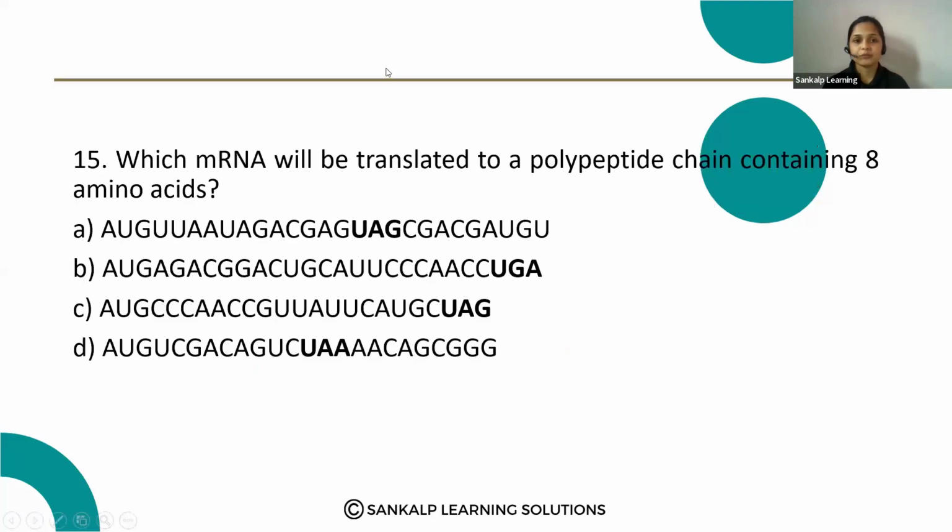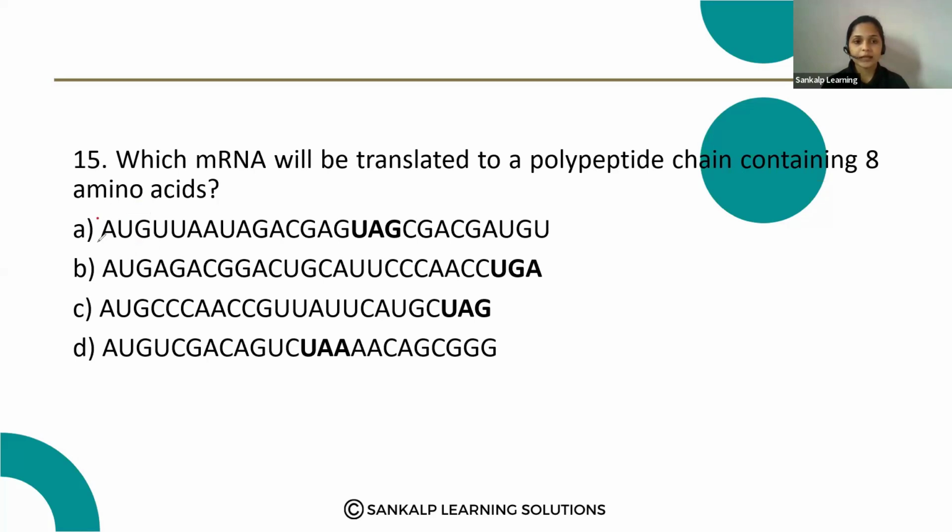Next question. Which mRNA will be translated to a polypeptide chain containing 8 amino acids? So, which of the following contains the 8 amino acids? You know that these triplet codons each code for one amino acid. So, let us check this.